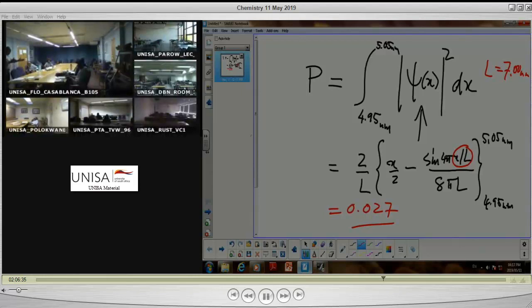If you integrate, if you look at the probability between 0 and L, which is 7, what do we expect? 1. We expect 1. What range do we have here?